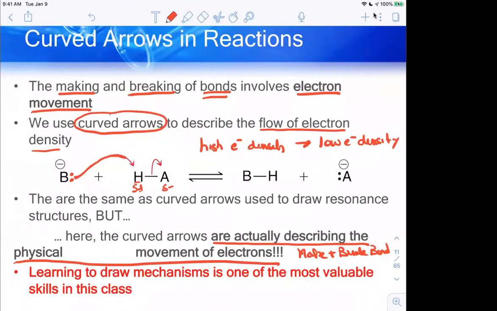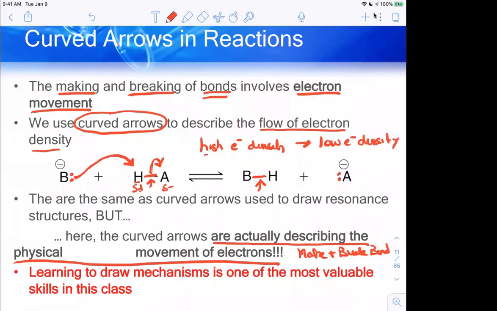These electrons attack the hydrogen. These electrons go on to the A to become A minus. And then this is the new bond that's formed. So this bond is broken. This bond is formed. I'm tracking my electrons in order to figure out where they start and where they end.